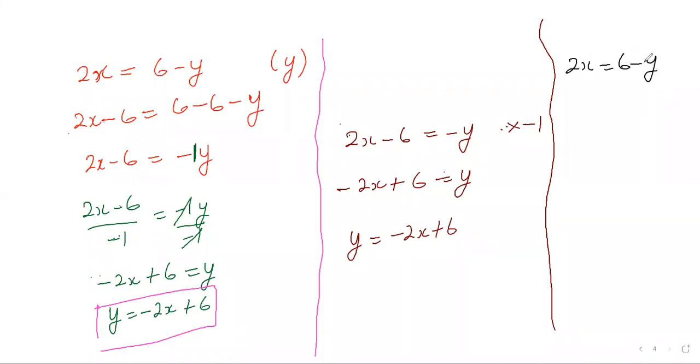One question, can I move this negative y to this side? This is negative y. When I bring it here, it becomes positive y. So can I write 2x plus y is equal to 6? Or will I be wrong if I write that?